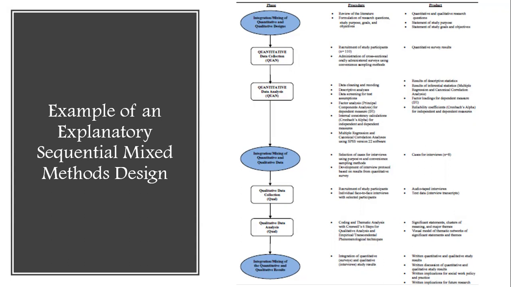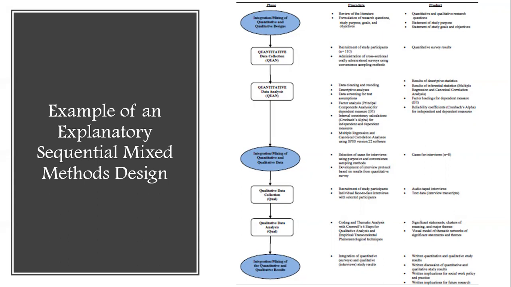So that second blue circle reflects that process of collecting the quantitative data and using the findings from the quantitative phase in order to develop the questions that I would ask my participants in interviews.